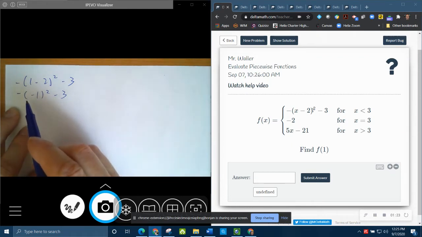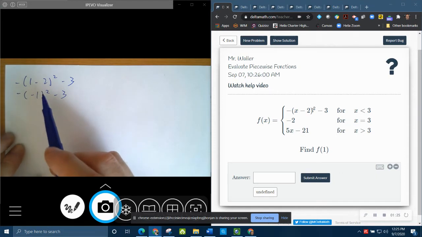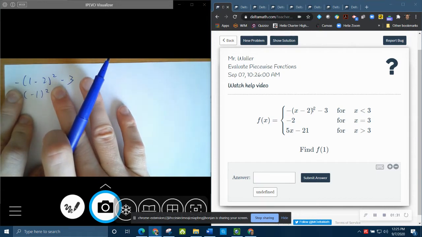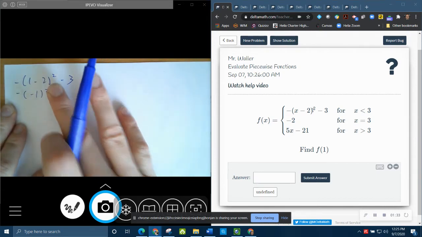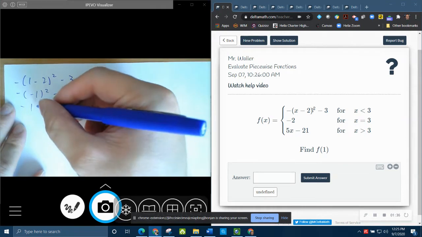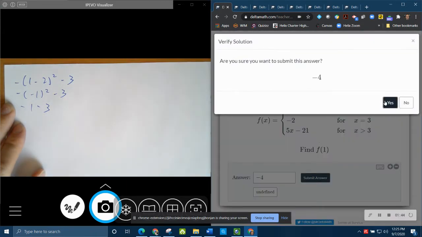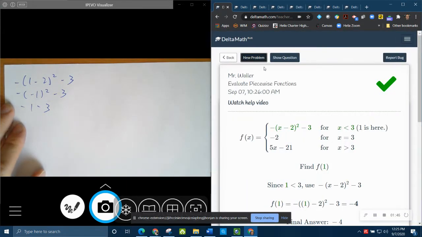Those negatives can't cancel each other out. You've got to do the exponent first. And so negative 1 squared, negative 1 times negative 1, is positive 1. And then we stick the negative on it. So this is negative 1 minus 3, and our answer is going to be negative 4. Submit the answer, and we've got that one right.